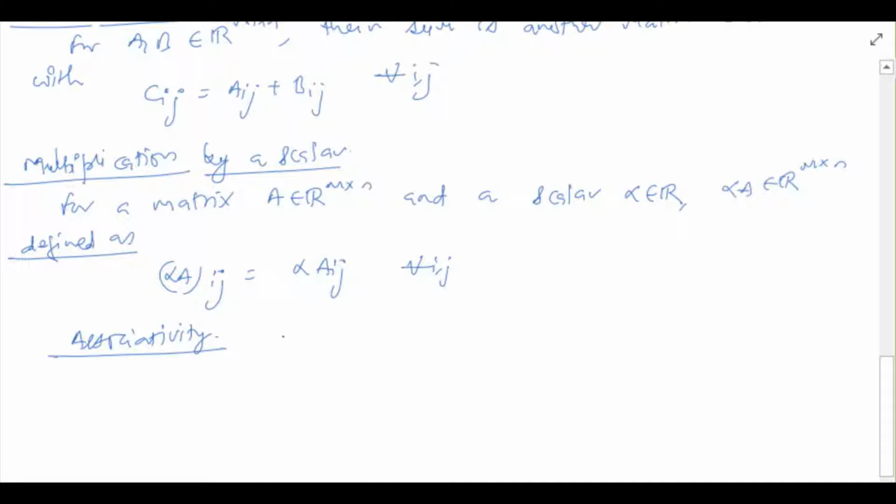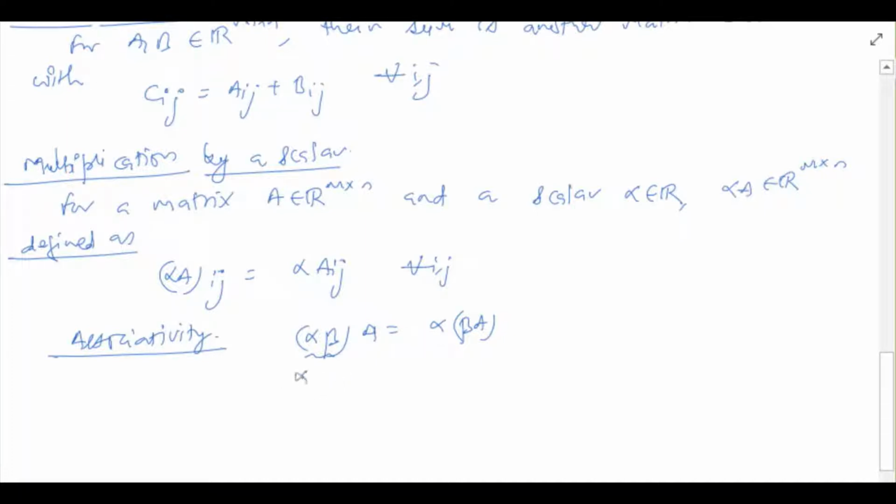The associativity property says that given two scalars alpha, beta and a matrix A, alpha beta times A is alpha times beta times A. Here we are first multiplying alpha and beta, giving a real number alpha beta, and then multiplying with matrix A, whereas on the right hand side I am multiplying alpha with the matrix beta A, which itself is the result of multiplying beta with A. The associativity property says that the order of multiplications does not matter.